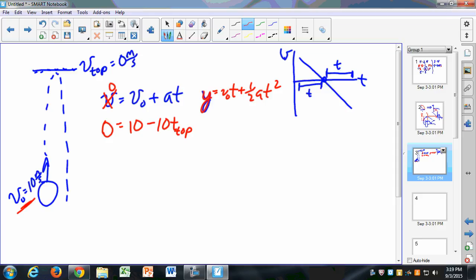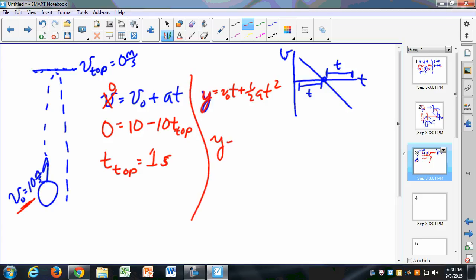If I solve that, subtract 10 from both sides, divide by negative 10 on both sides, I find that t top is equal to 1 second. I'll give you really easy numbers, so hopefully you won't even need your calculator except for those trig functions. If you want to use it, that's fine. But anyway, it takes 1 second to get up, and then if I want to find the height, I just plug in that 1 second.